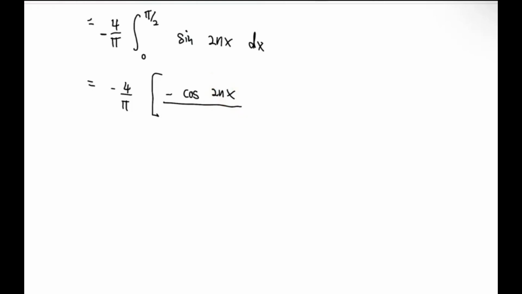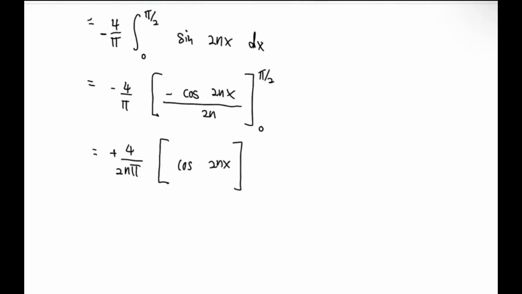So divide by 2n, from 0 to pi over 2. 2n is a constant, so I can put it outside. So negative 4 over 2n pi. Negative, negative, positive, so it will be positive. So cos 2nx from 0 to pi over 2.